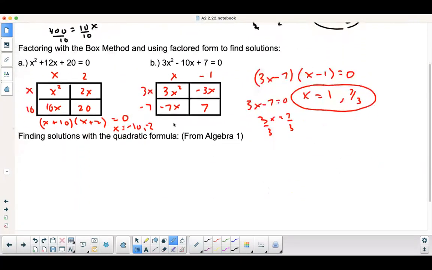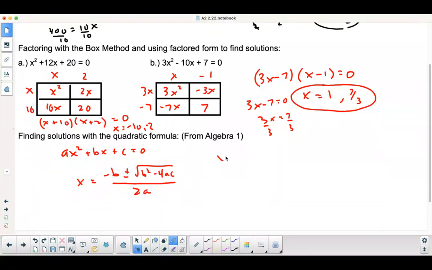And then the last thing here is the quadratic formula. If you have a times x squared plus b times x plus c equal to 0, the quadratic formula is negative b plus or minus the square root of b squared minus 4 times a times c, whole thing over 2a. I'm going to go to this first. I'm only going to do one of these here.